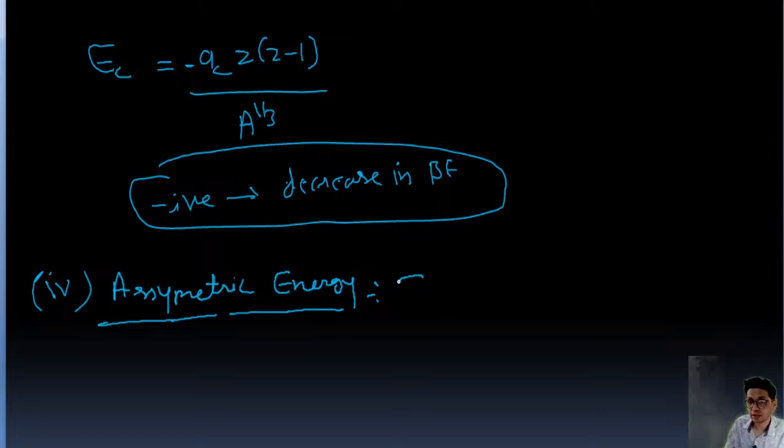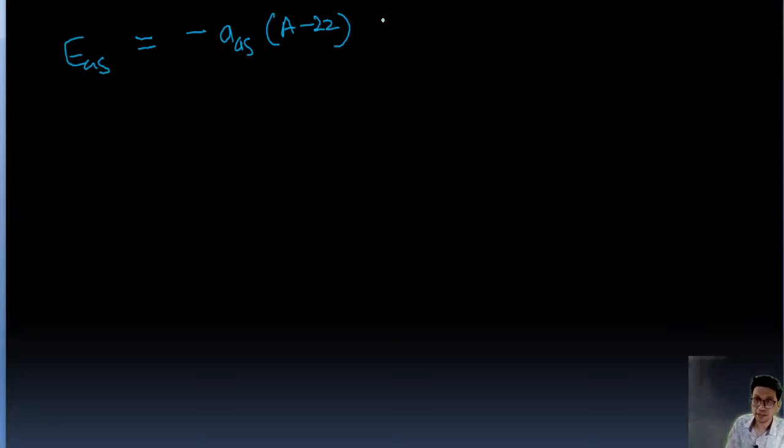In the case of asymmetric energy, EAS is proportional to N minus Z whole square upon A. Or we can write EAS is equal to minus AAS, the asymmetric constant, into A minus 2Z whole square upon A, since N minus Z equals A minus 2Z, and A equals N plus Z. This is the asymmetric energy.